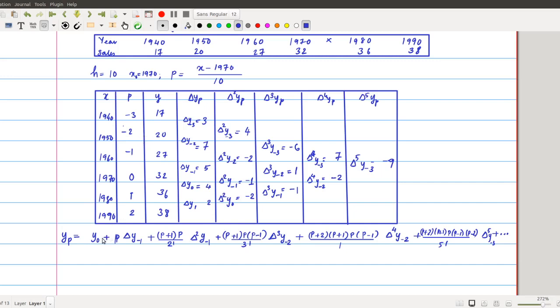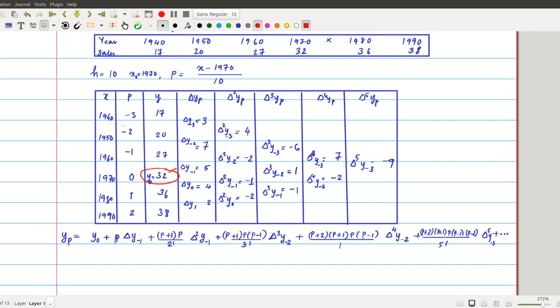So first we need y naught. So this is our y naught. x naught is 1970, then this y naught is 32. So first we want this number 32. So this is our first number required for the formula, and p times delta y minus 1.